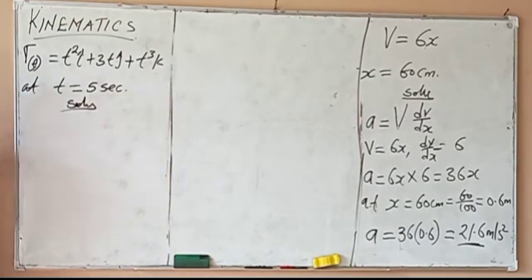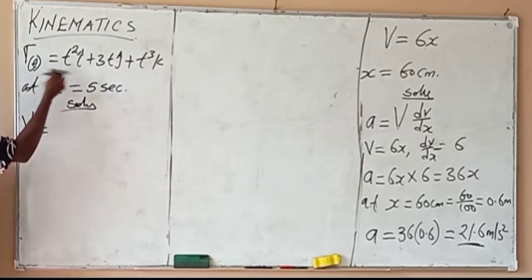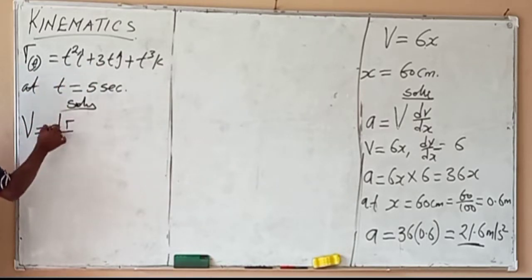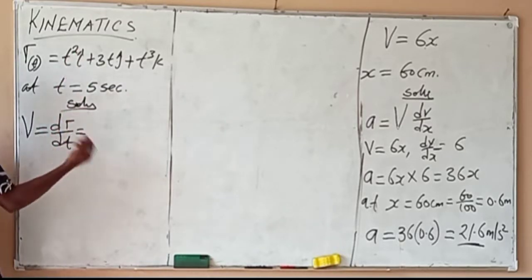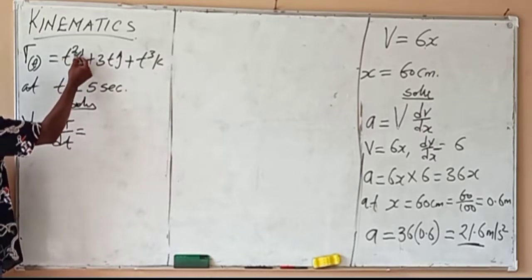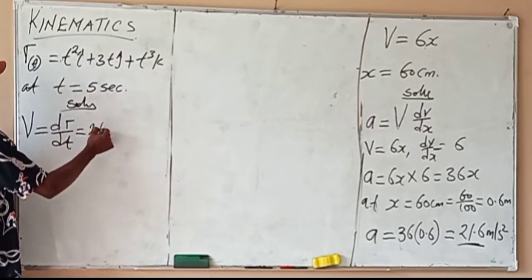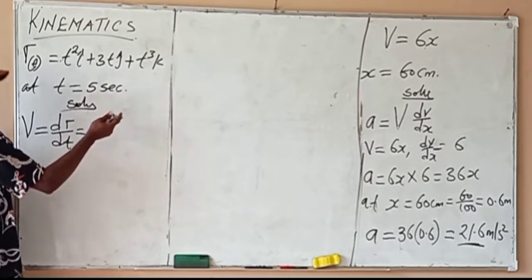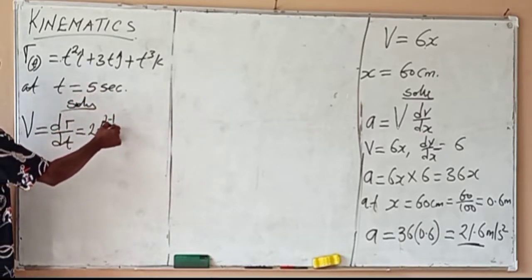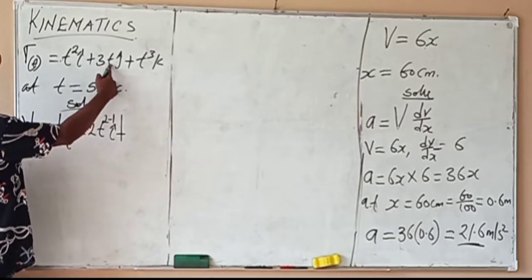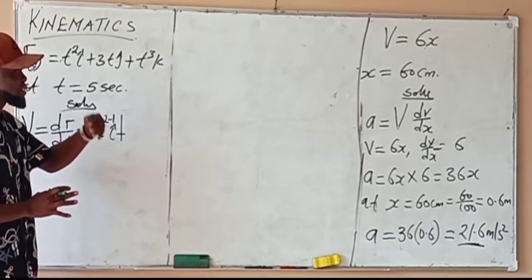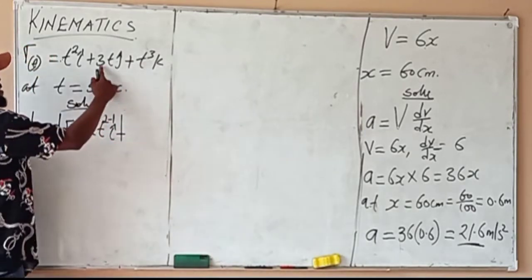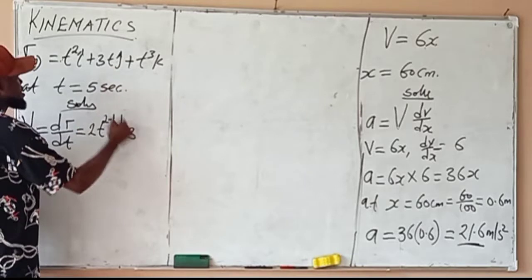We're going to have velocity to be equal to, remember, the derivative of the position vector r with respect to t. Use the power to multiply the coefficient: 2 times t, then 2 minus 1. Then plus j: if I differentiate 3t, like I differentiated 3x or 6x, that gives 3, because the t will disappear.